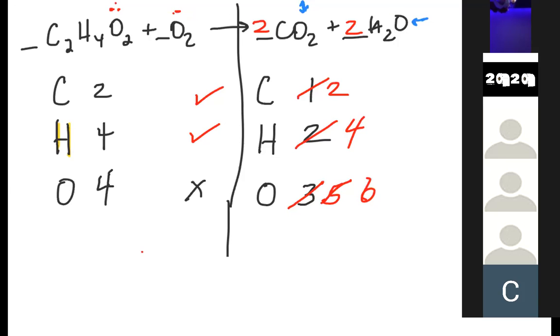Put the 2 on the oxygen, the one that's by itself. All right, so put a 2 there. And so when I do that, what does that do to my inventory on the left side? It changes it to 6.